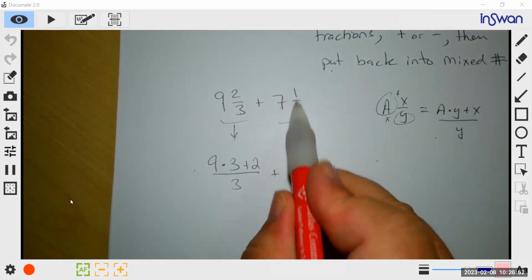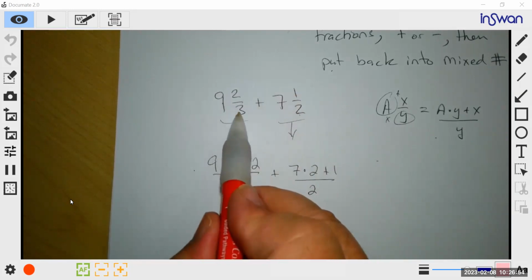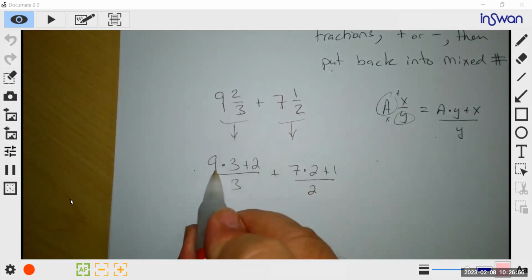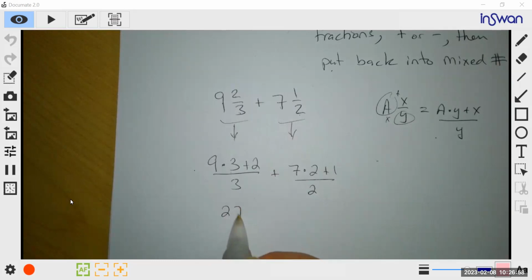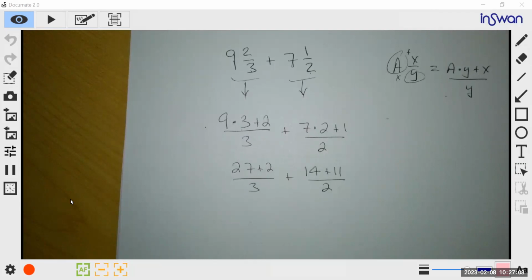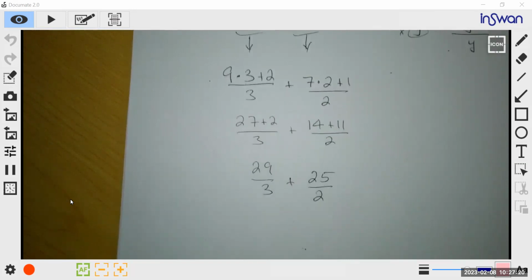This times the bottom plus the top. 27 plus 2 over 3. 14 plus 1 over 2. So 29 over 3 and 15 over 2.